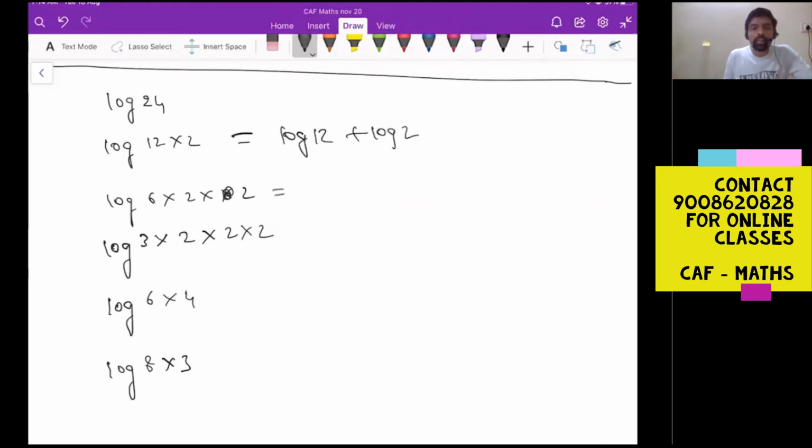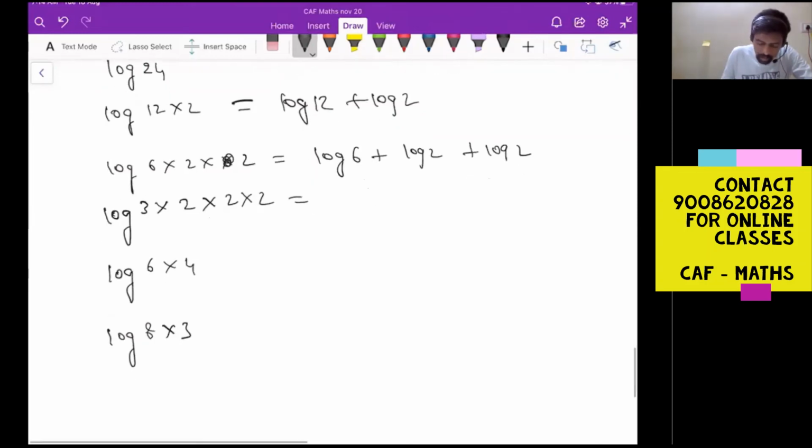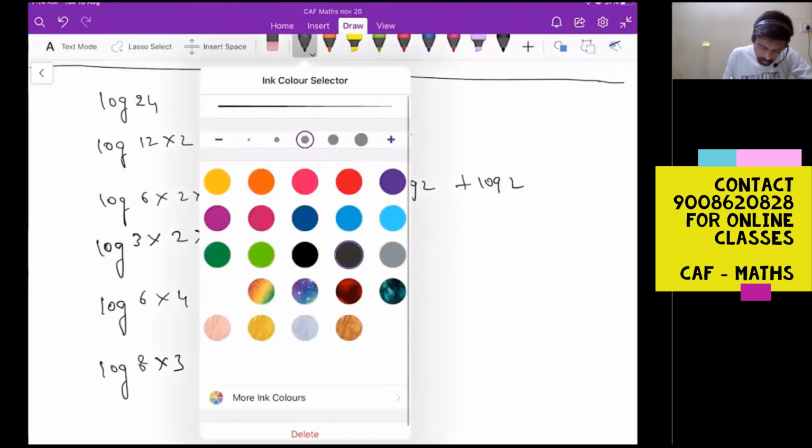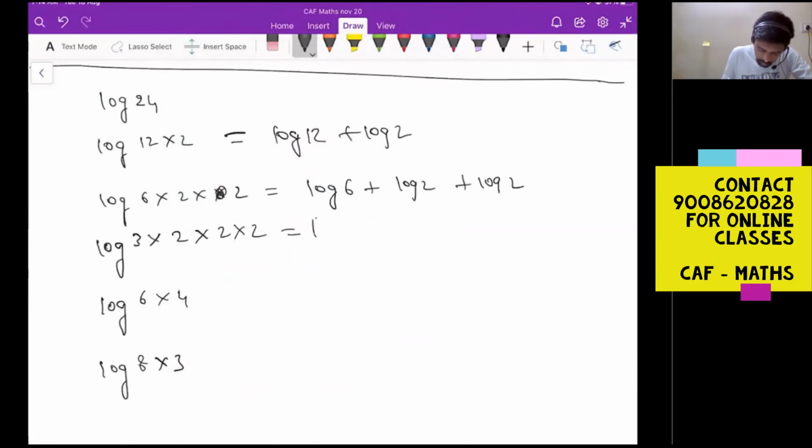So log of 6 into 2 into 2, in between into sign, correct? So log 6 plus log 2 plus log 2. Even this, log of 3 into 2 into 2 into 2, can be written as log 3 plus log 2 plus log 2 plus log 2.